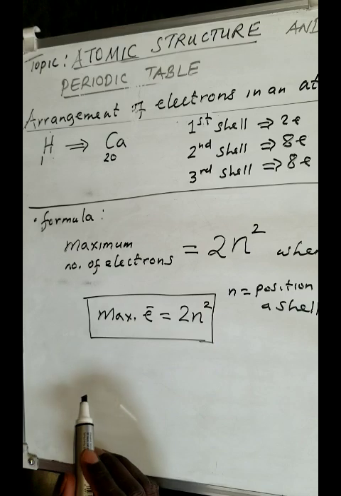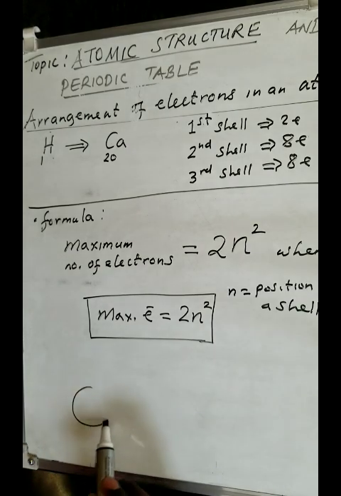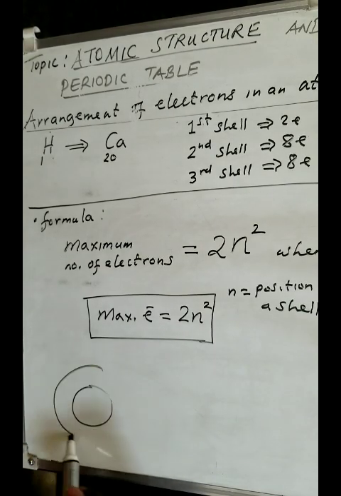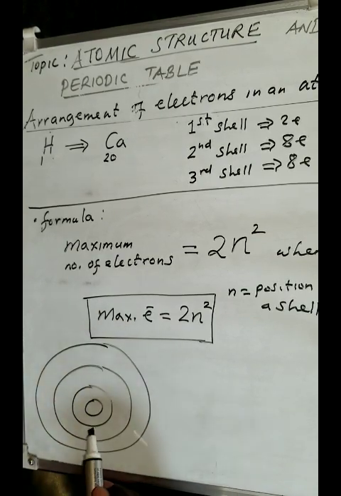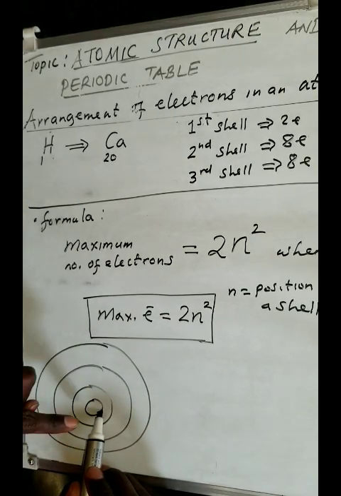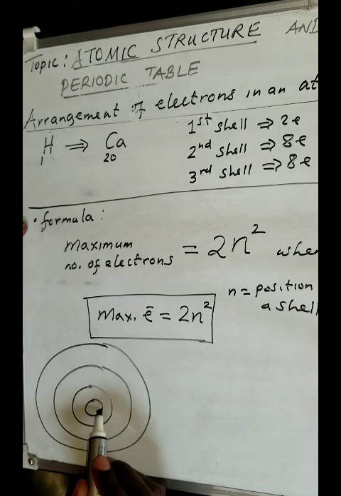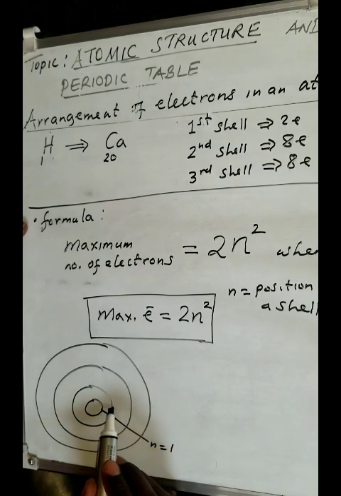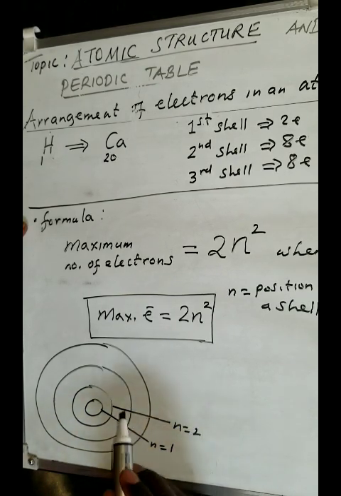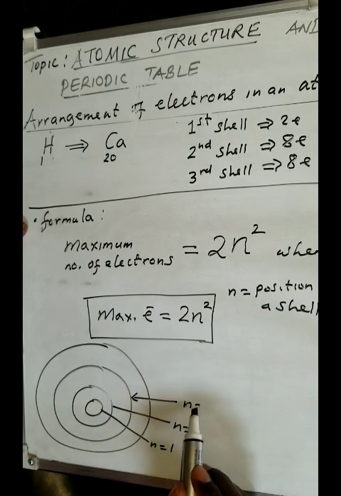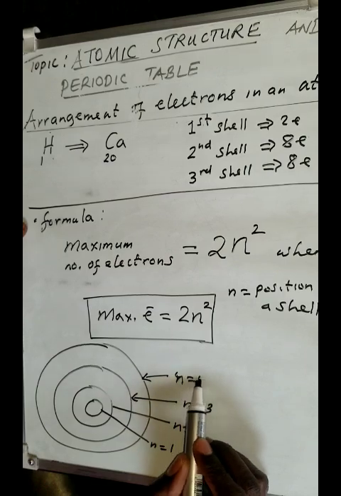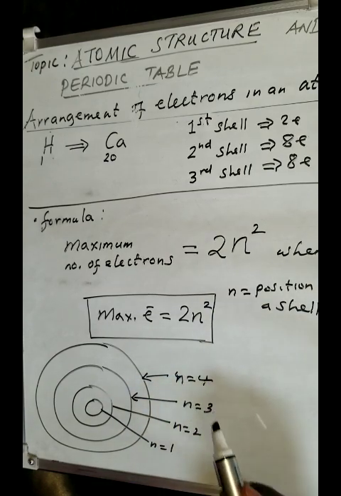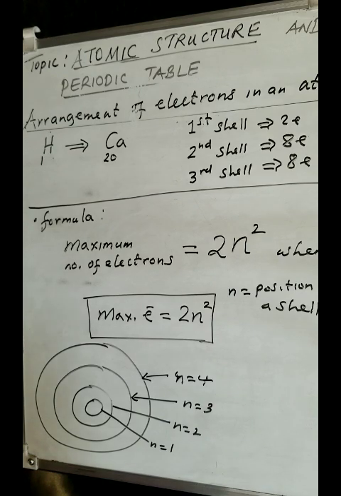Now quickly, I want to tell you, you can have the first shell, the second shell, the third shell. Let me just start from there. The innermost one is when n is equal to 1. This one is when n is equal to 2. This one is when n is equal to 3. And that one is when n is equal to 4. You can go on, so on and so forth. Normally they are given letters, as you learn or read in some books.